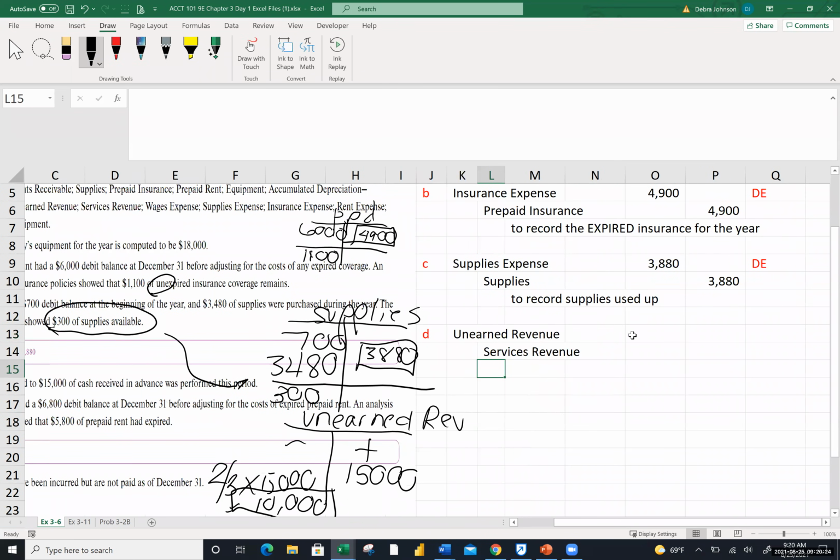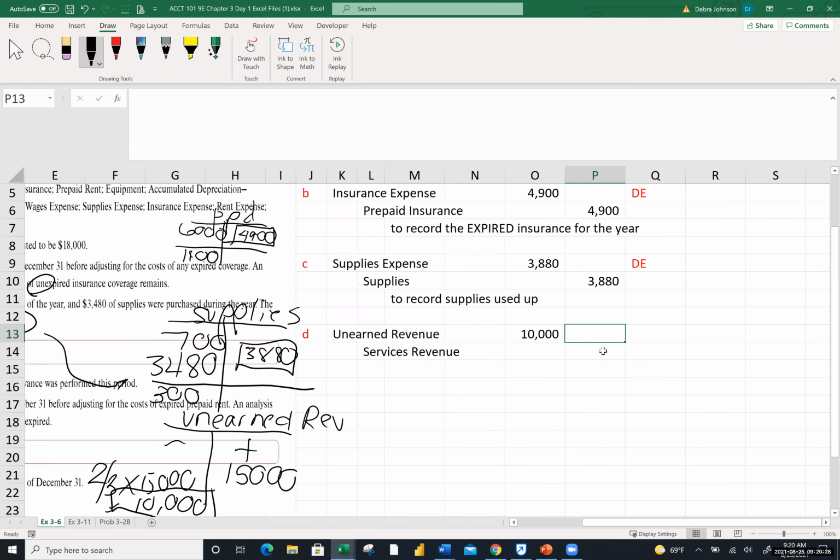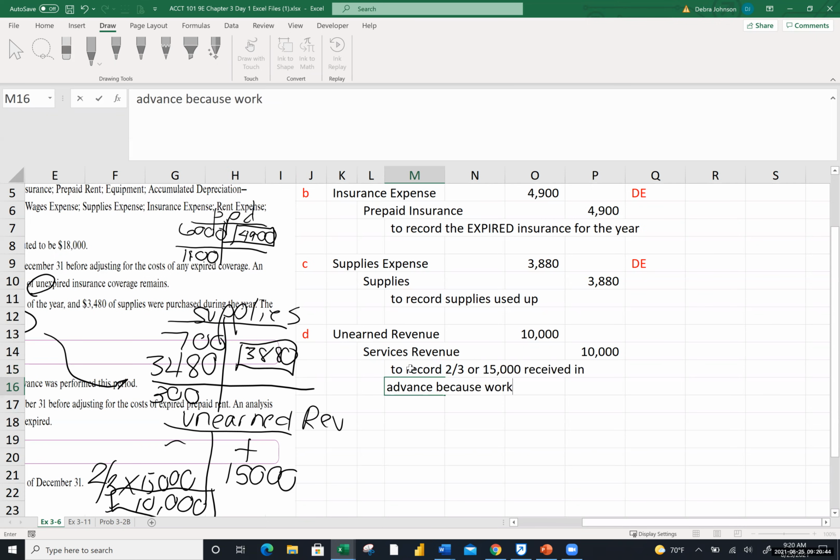Okay, so let me put that 10,000 in. And we'll put a brief description to record 2/3 of 15,000 received in advance because work was performed.